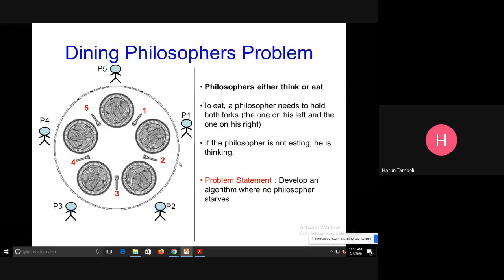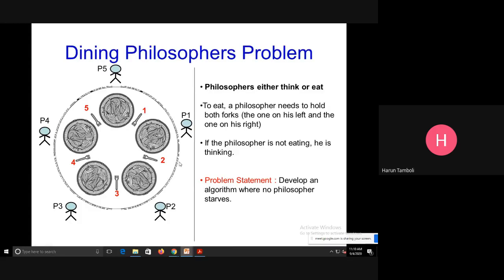And to eat this food, a philosopher needs to hold both chopsticks, or you can say both forks, one on his left and one on his right.